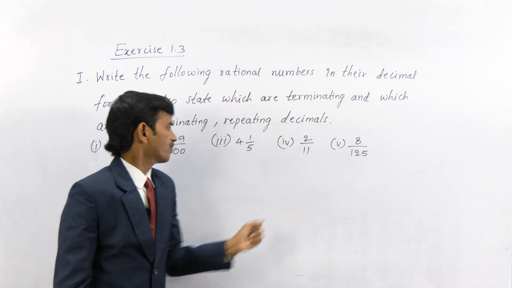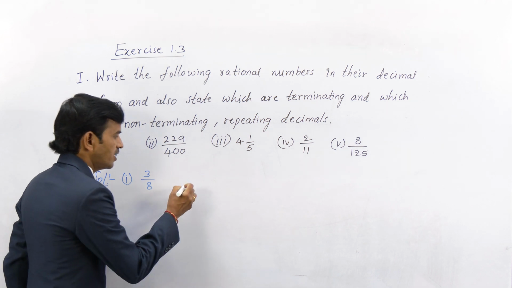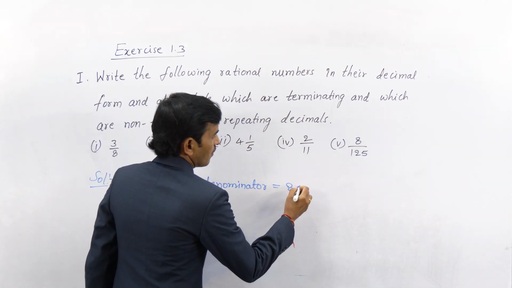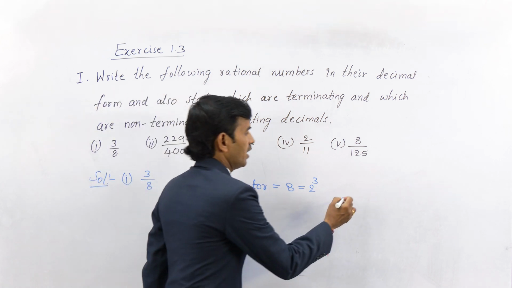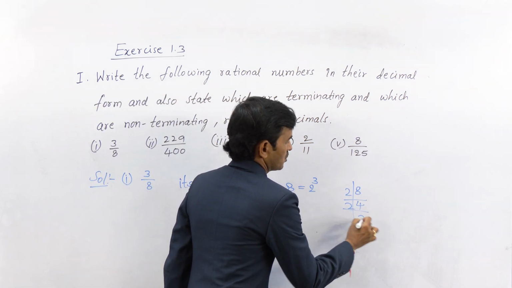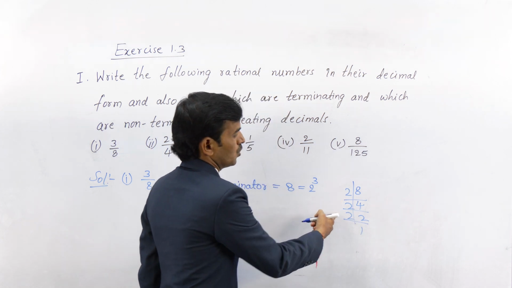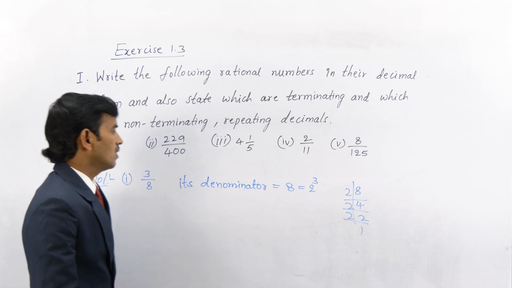8 by 125. Here let us consider the first one, in which its denominator 8 can be written in the form of 2 power 3, as 2 fours are 8, 2 twos are 4, 2 ones are 2. So 2 is repeated thrice, so it can be expressed as 2 power 3.